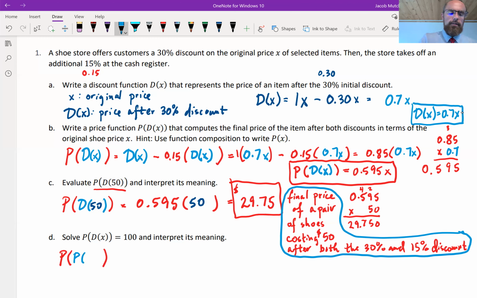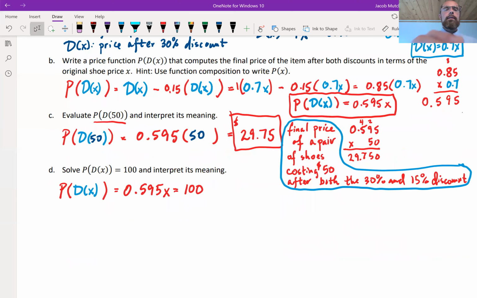So P, let me make sure I write this correctly. P of D of X equals, so I'm going to put the equation that we wrote in part B, that's 0.595 X, and we're saying that that equals 100. So our first step definitely is simply to solve that equation.